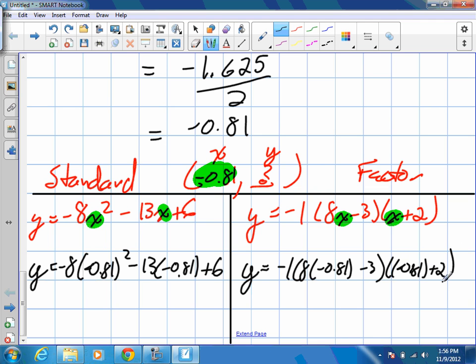Anyone got anything for me here? Can anyone confirm? 11.28, great. On the factored form, please try that also.